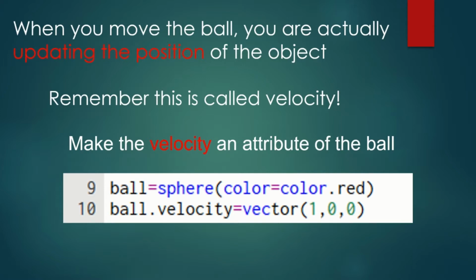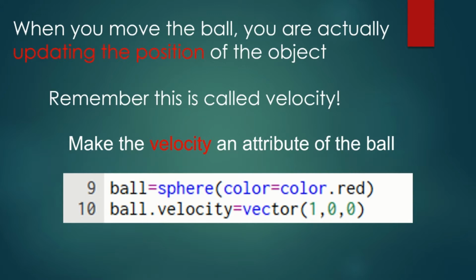So we're going to change some things a little bit here. If we look at this, we have our ball. It's a red one. On line 10, ball.velocity is assigning that ball a velocity. Now remember, velocity is a vector. The vectors are the same in velocity as they are for position or rotation or anything else.